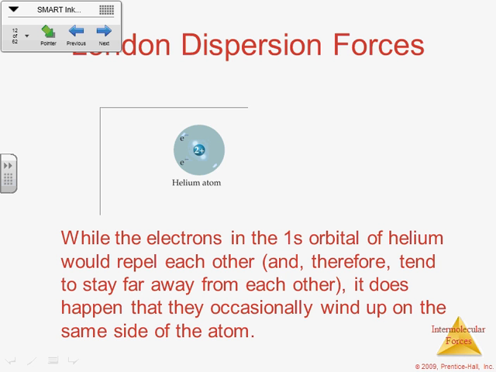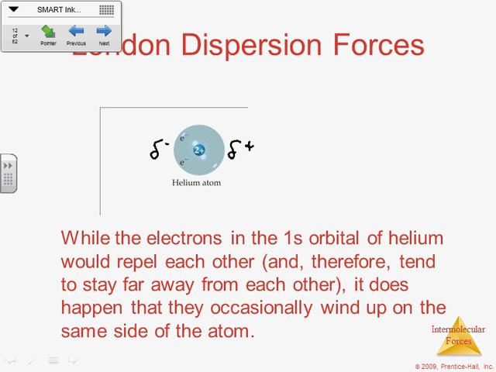So you've got one helium atom by itself, completely nonpolar, right? But every once in a while, because there are two electrons in a helium atom, those electrons could, at some point, end up on the same side of the atom. And for that split second, this side of the atom is partially negative, this side is partially positive.